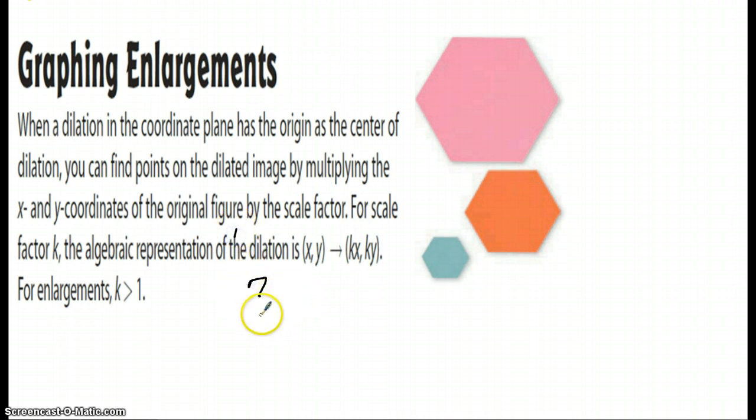That's just saying that for x, y in your coordinate plane, you take each particular point and you will multiply 7 times that x value and 7 times that y value. So that's exactly what this k means. Okay?